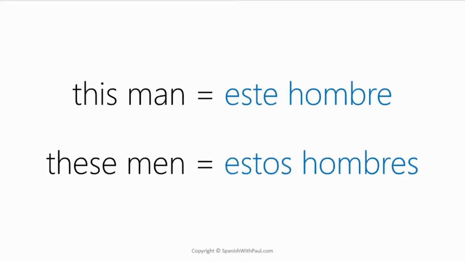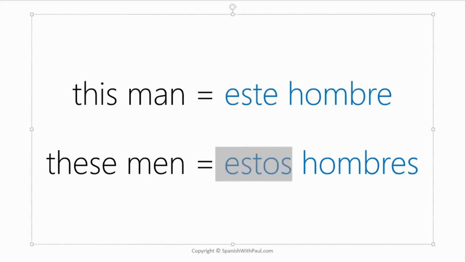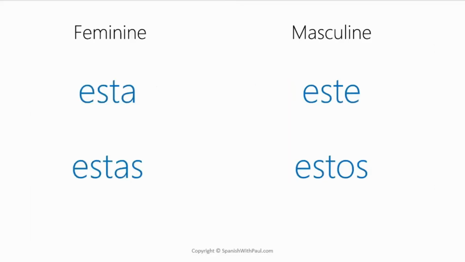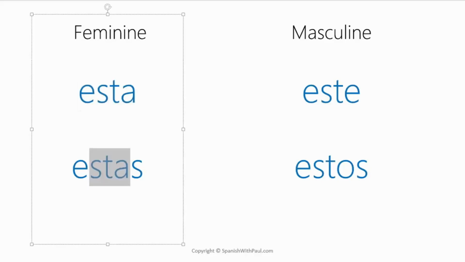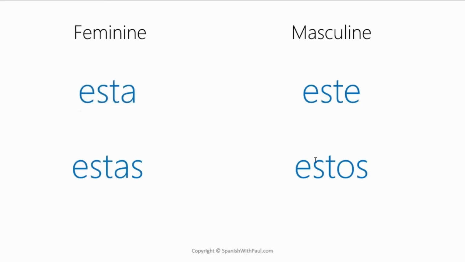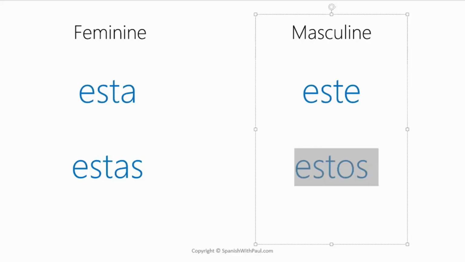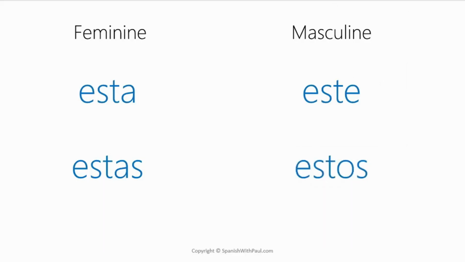Or we could take this man, este hombre, but these men, again, estos hombres. Let's put it on one slide. On the feminine side, you can see very regular, esta and estas. But on the masculine side, we have this irregularity going from este to estos. So that's the main thing to watch out for.